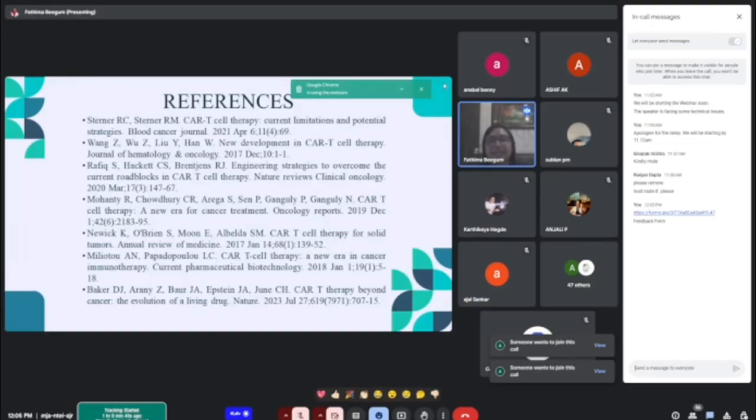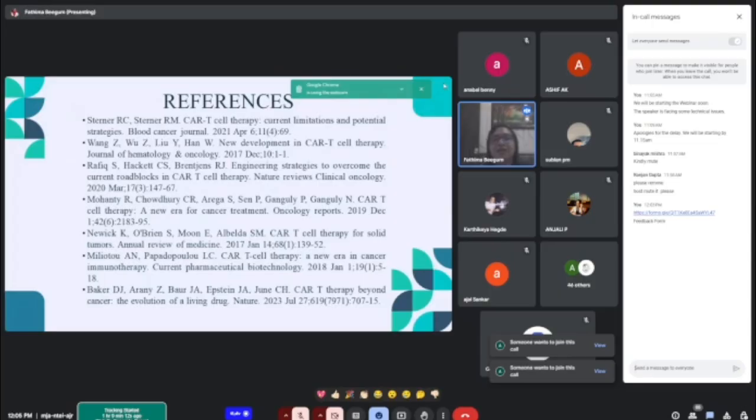Based on these three, CARs have been divided into different generations. First generation without co-stimulatory signal. Second generation with one co-stimulatory signal. Third generation with multiple co-stimulatory signals. And the fourth generation with a cytokine releasing domain, which is known as TRUCK T, that is used for the majority of purposes.